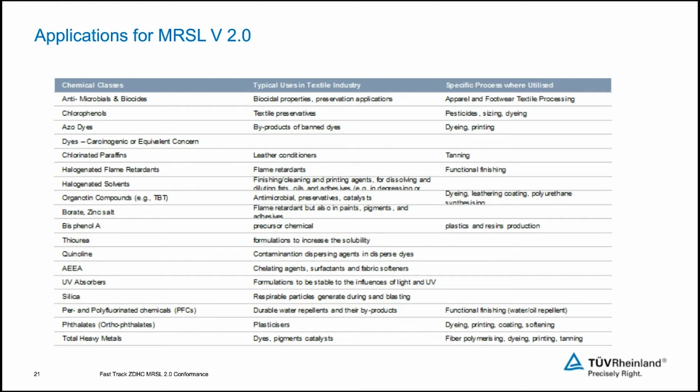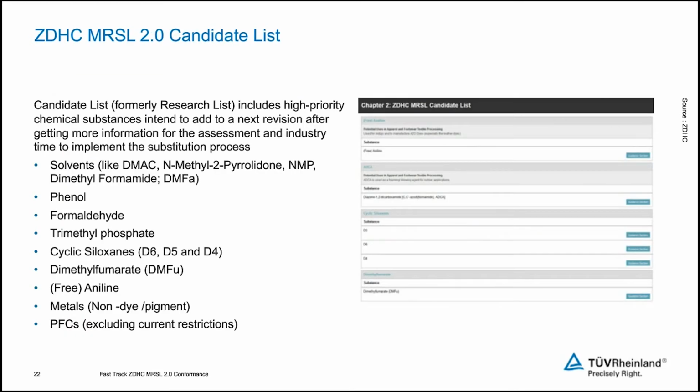MRSL candidate list. We have heard this quite a lot in the presentation already, so I would like to take the next slide to have a closer look at the MRSL candidate list. As said in the beginning, it is kind of similar to the SVHC list under REACH.